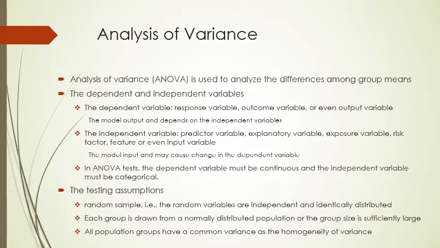Third, all population groups have a common variance, known as the homogeneity of variances. For balanced models, if the ratio of the largest variance to the smallest variance is less than 3, the results may be valid. The ANOVA test is not so robust to violations of the assumption, and we may need statistical tests to assess the data.